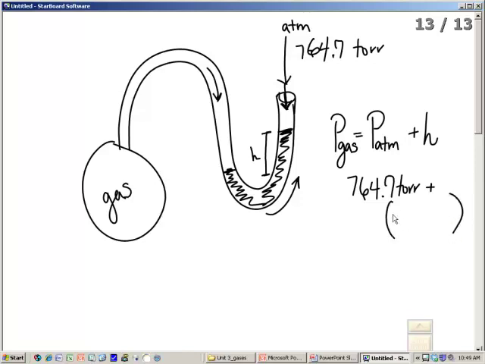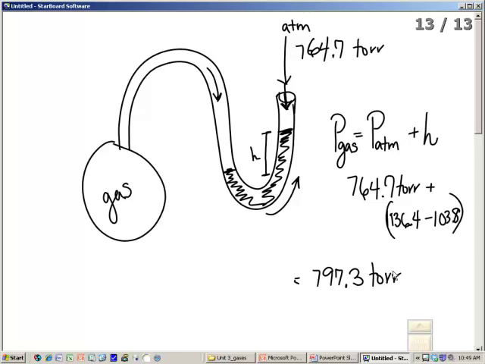So all we have to do is go like this: 136.4 minus 103.8. And so, pretty easy calculation here. 797.3 torr.